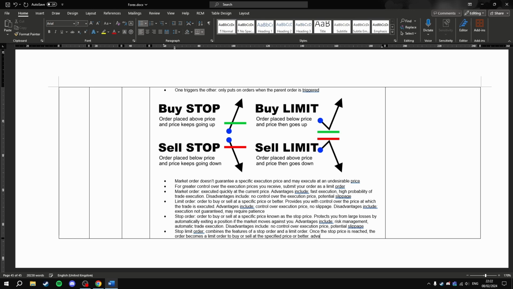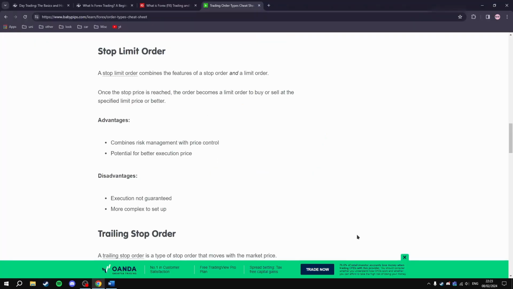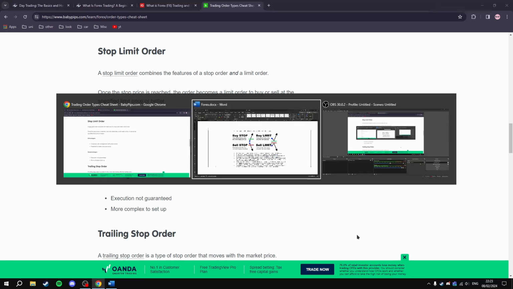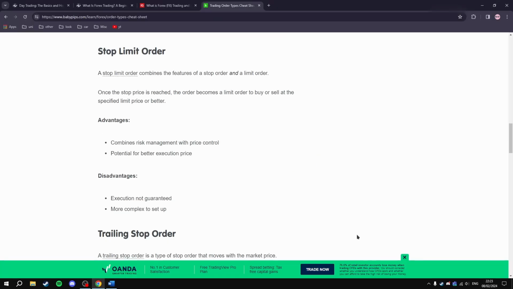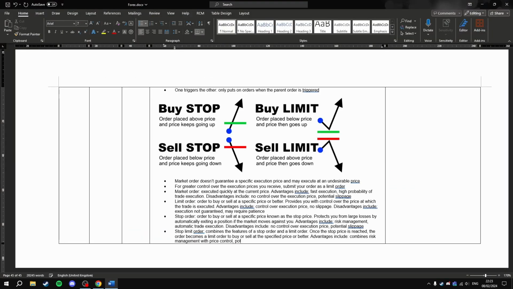Advantages include combines risk management with price control. Potential for better execution price.